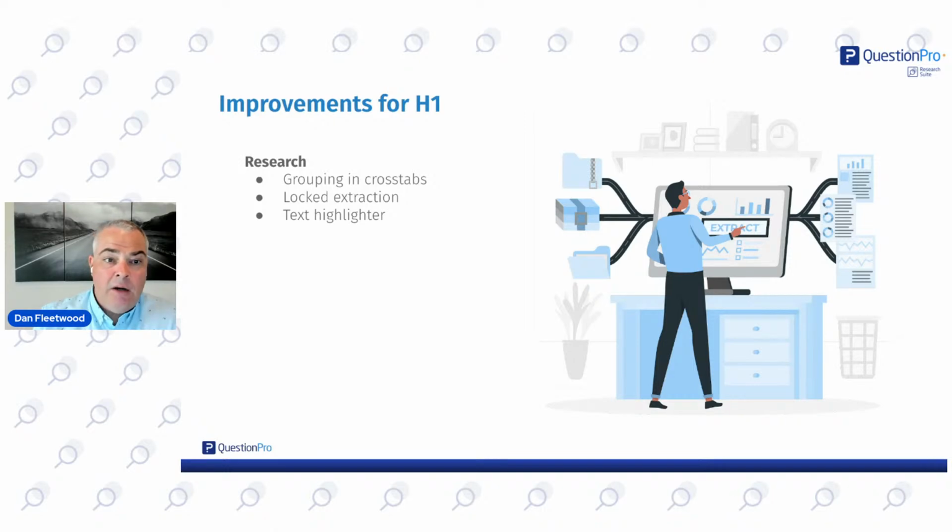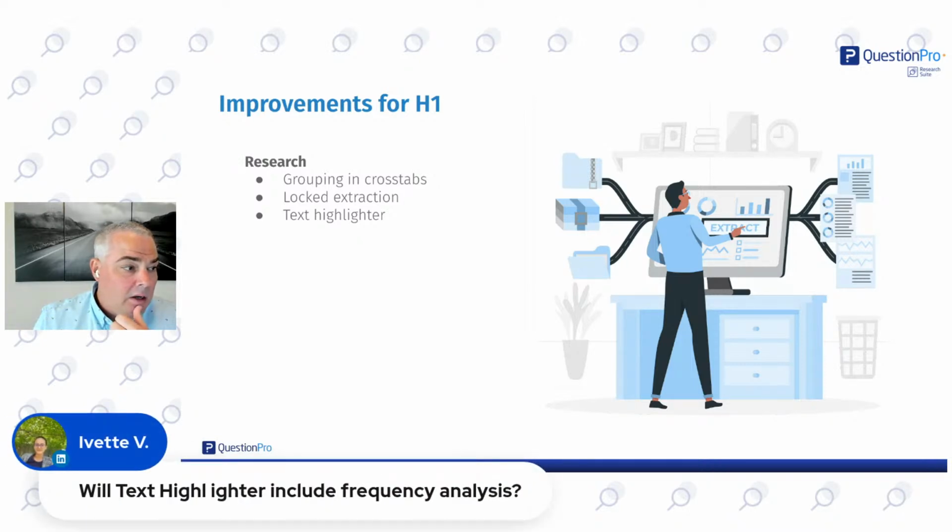Just wanted to reiterate here: grouping and crosstab. We have locked extraction, and then I saw there was a question that came in on LinkedIn around text highlighter. So I'll just answer it now since I saw it. Will text highlighter include frequency analysis? I believe it will, but I will get back to you on that to double check.